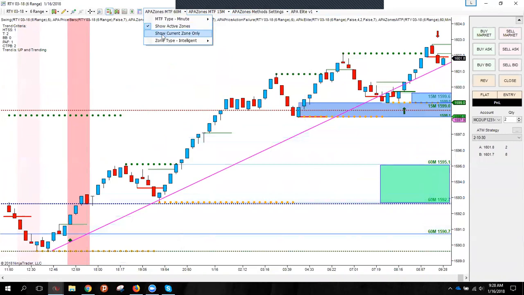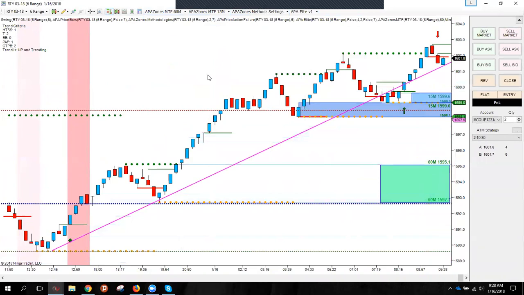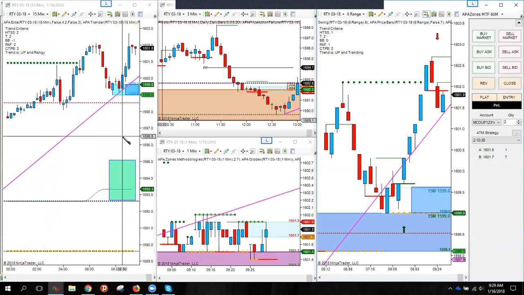I'm going to keep my multiple time frame of 15-minute front and center on my 1 minute, so I can see when that supply and demand forms.